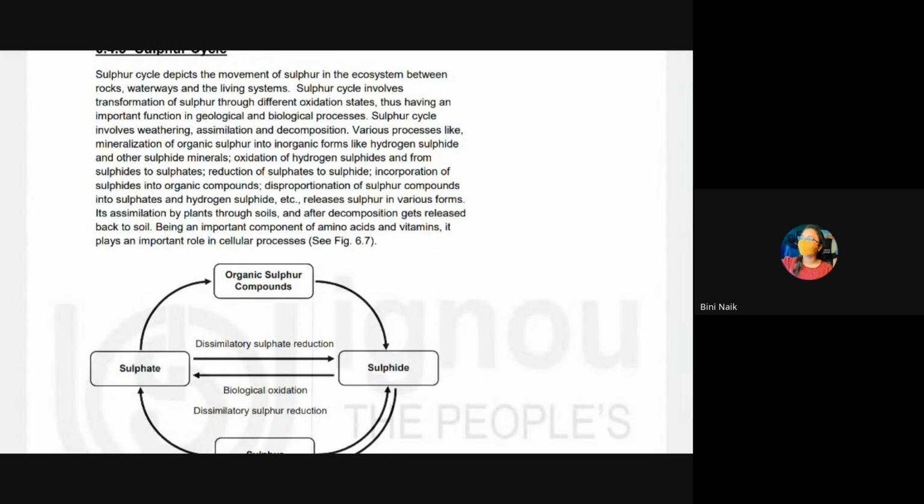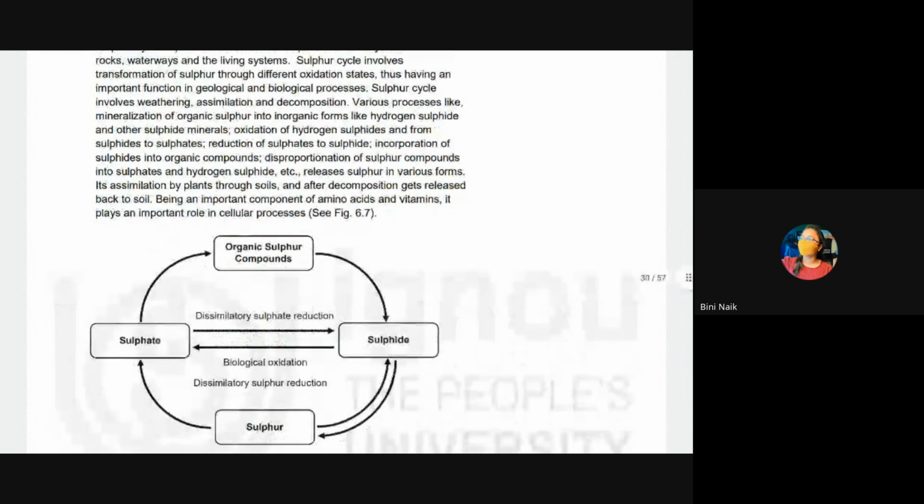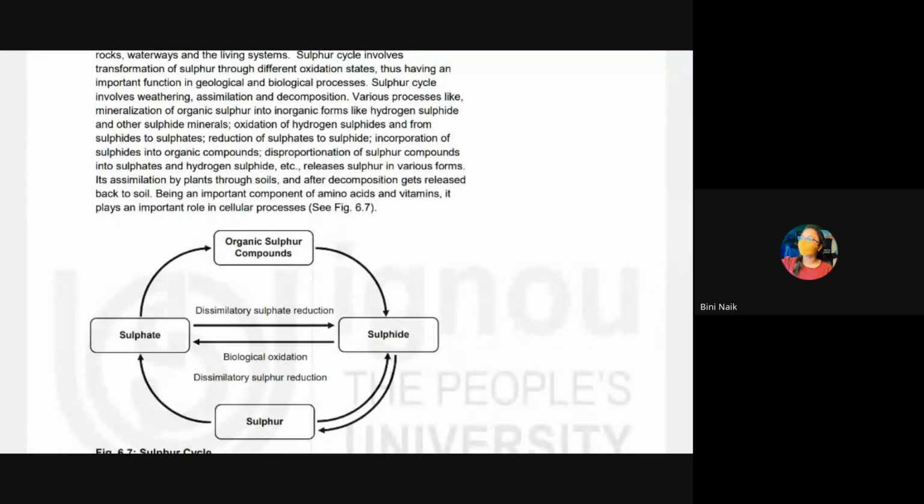From these sources, it is assimilated by plants through the soil. Soils get sulfur from different minerals and other inorganic forms, like I have told you, hydrogen sulfide and other sulfide minerals.